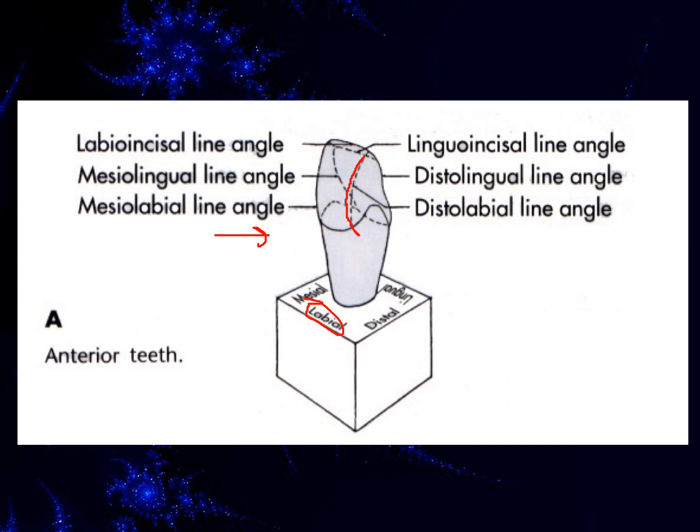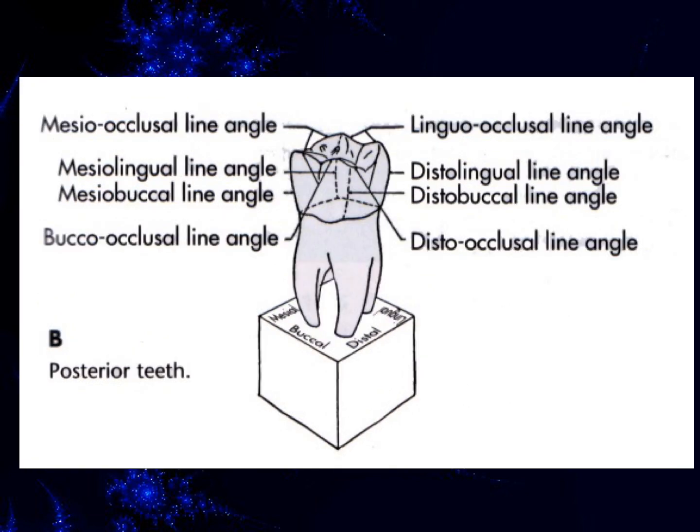When the distal joins the lingual, we call this the distolingual line angle, and so on. The same happens with the posterior teeth. For example, you can see directions here. When the buccal and the distal join each other, we call it the distobuccal line angle. This is the mesobuccal line angle, and so on.